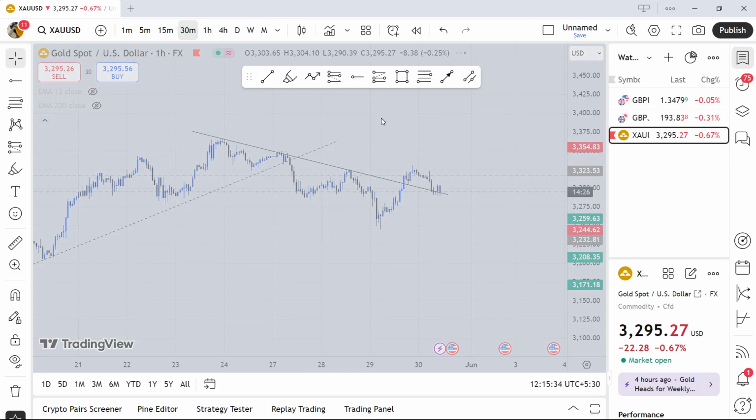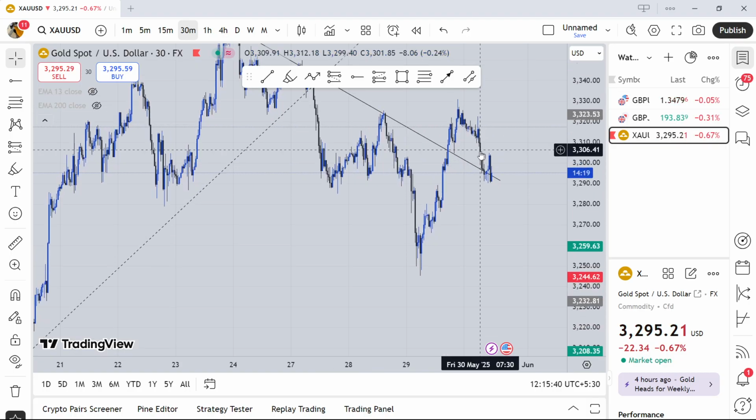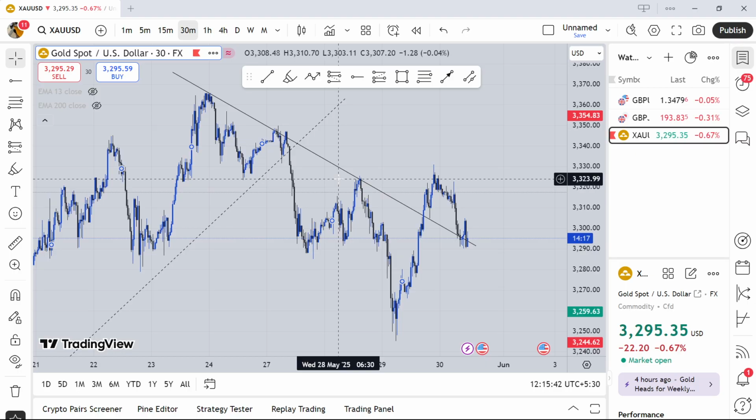But then if you look at the lower time frame, like the 30 minutes time frame, you find that gold tried to do what? Tried to change the character back to the upside.